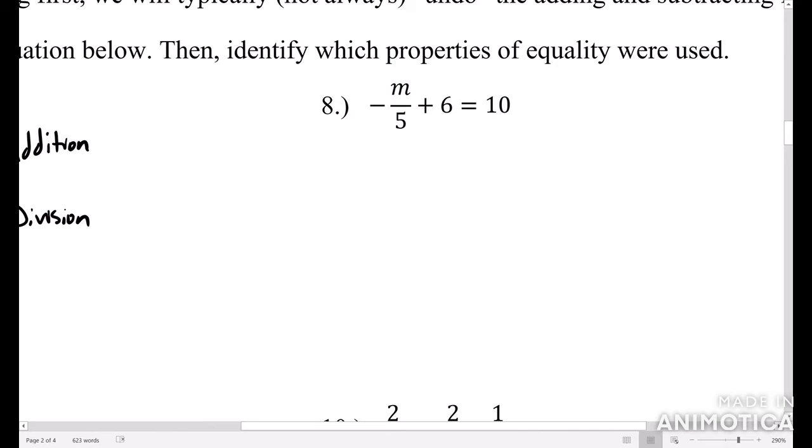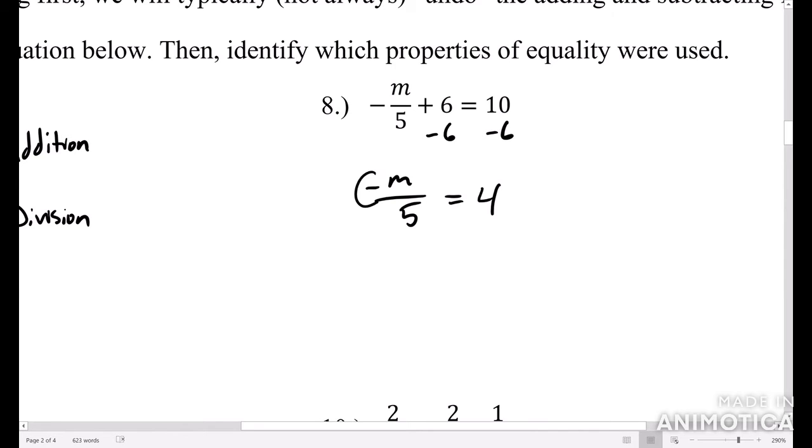This next example, negative m over 5 plus 6 is equal to 10. I'm going to start by subtracting 6 from both sides. I get negative m over 5 is equal to 4. And then I want to multiply by negative 5 on both sides. Why negative 5?